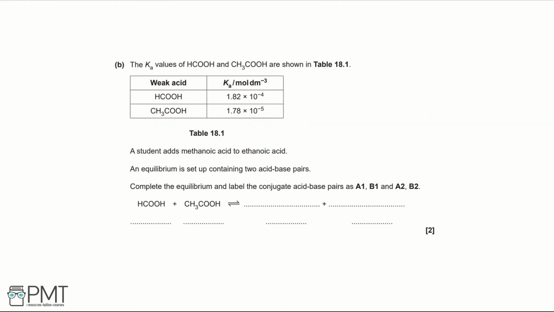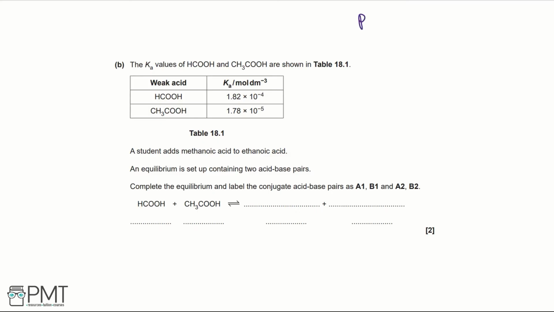Part B. The Ka values of methanoic and ethanoic acid are shown in table 18.1. A student adds methanoic acid to ethanoic acid. An equilibrium is set up containing 2 acid-base pairs. Complete the equilibrium and label the conjugate acid-base pairs as A1, B1 and A2, B2. So the first thing we need to do with this question is work out which is the stronger acid.